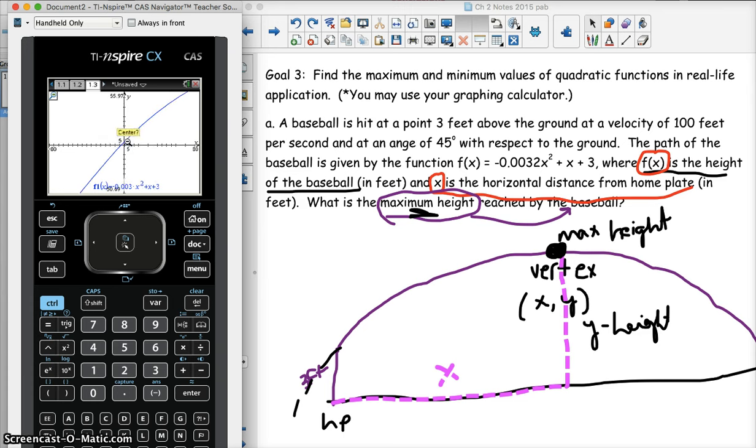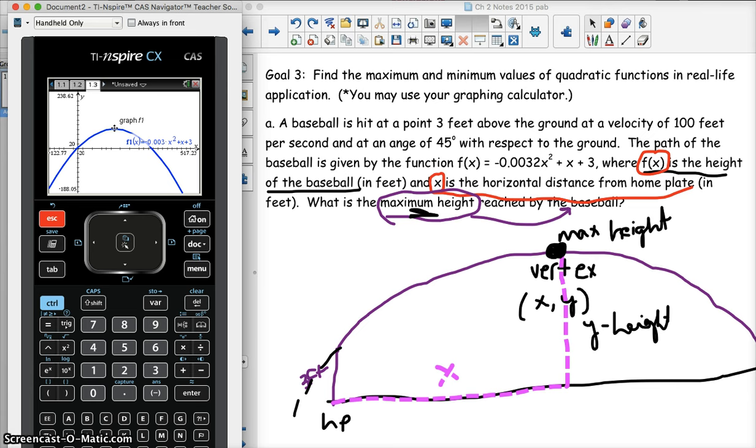If I want to zoom more to the right, then drag your magnifying glass to the right and keep zooming until we can see the entire parabola. Once you've completed your zooming process, press the Escape button to get out of that. So we know that we're looking for this point right here, the vertex that represents our maximum height.